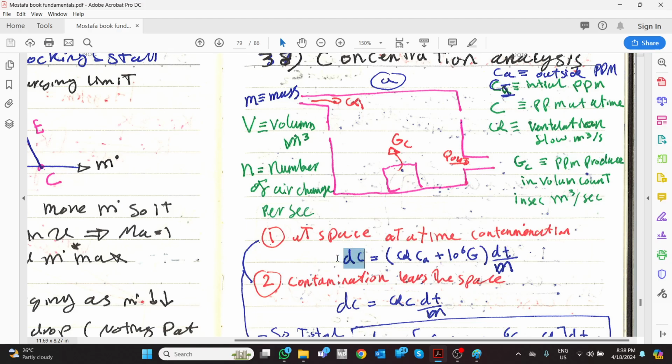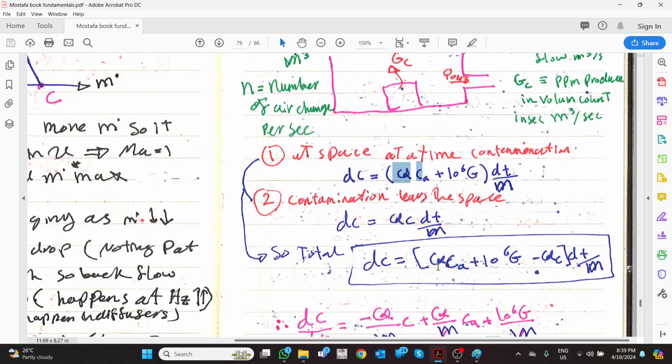So imagine the change in the mass of CO2 is equal to the volume flow rate multiplied by the concentration, with density and so on, multiplied by delta T. And you also know that the contamination leaves, which is what you push out.